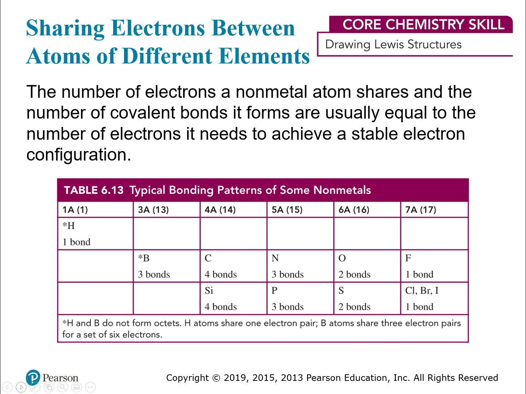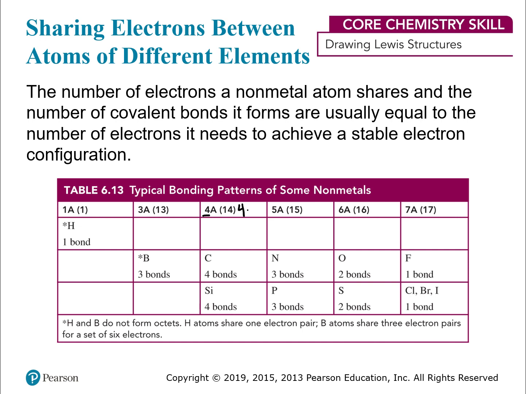For drawing these Lewis structures, it's really helpful to know how many bonds a nonmetal atom can share. So this chart gives the typical bonding patterns for some of the nonmetals that you're going to encounter. For example, if you have a carbon in a molecule, it is in group 4A.